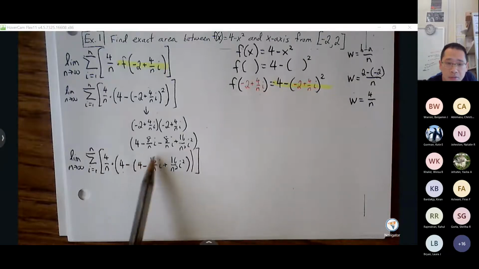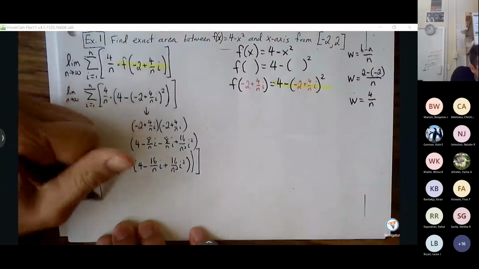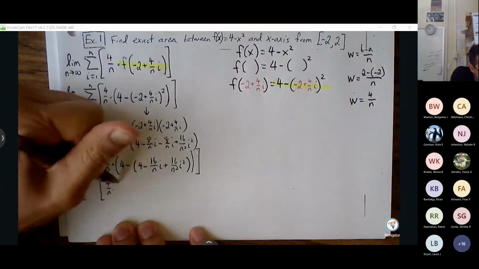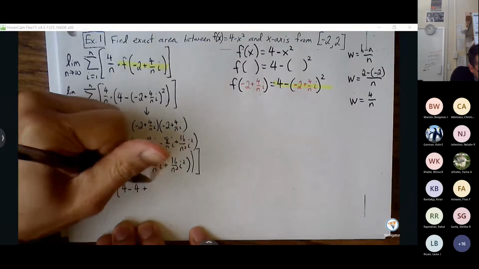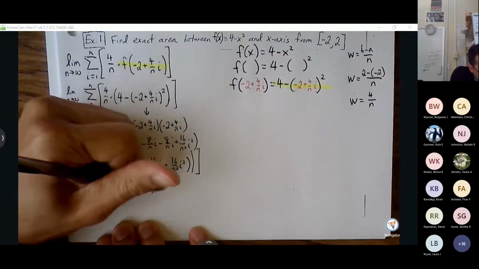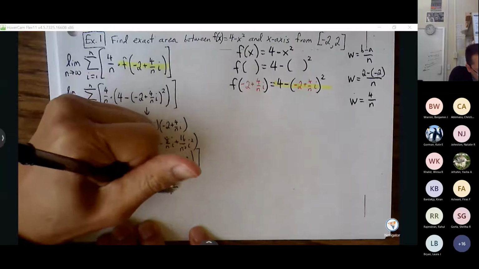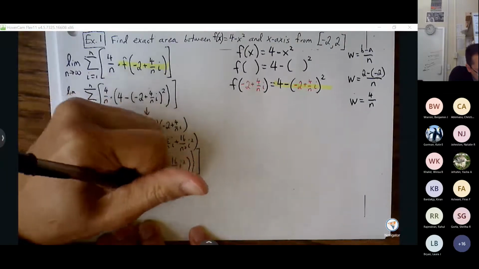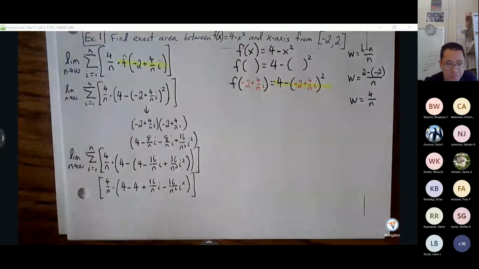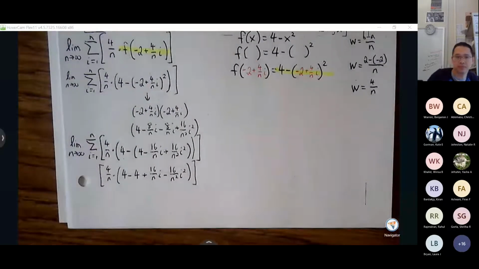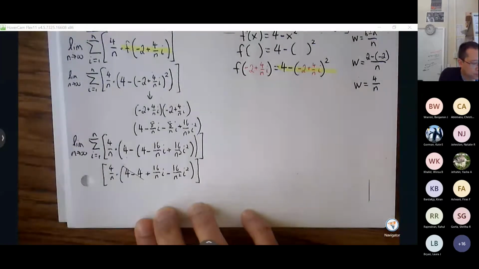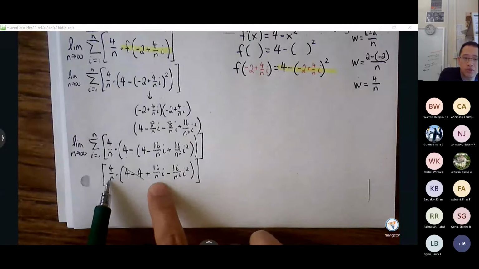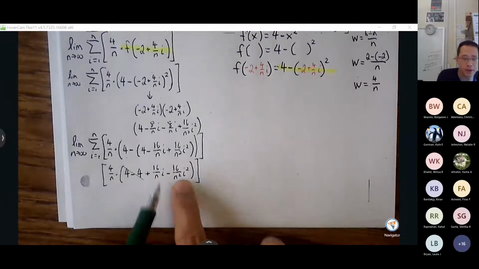So now I'm going to distribute the negative through, and eventually I can worry about combining with that 4. Okay, 4 minus 4 goes away. And then I can distribute the 4 over n through the rest of my terms.